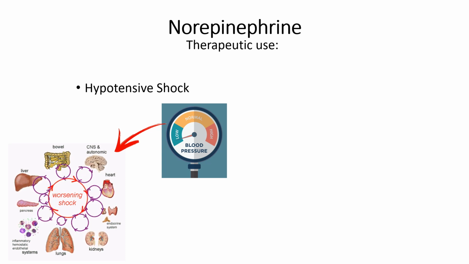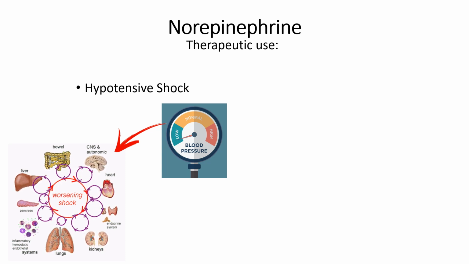Norepinephrine is actually very similar to epinephrine. However, unlike epinephrine at therapeutic doses, norepinephrine mainly stimulates alpha 1 receptors, which leads to profound vasoconstriction and ultimately increased blood pressure due to the increase in total peripheral resistance.